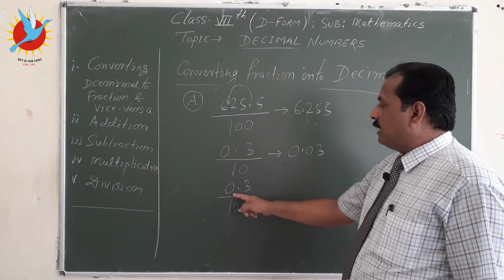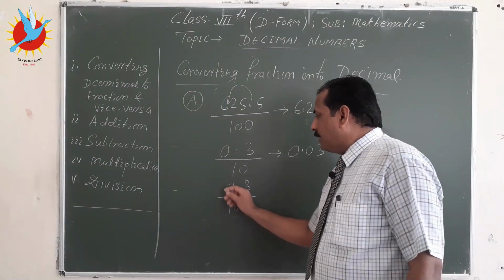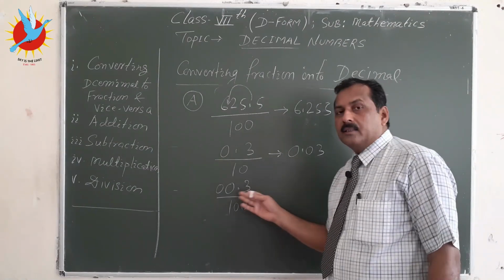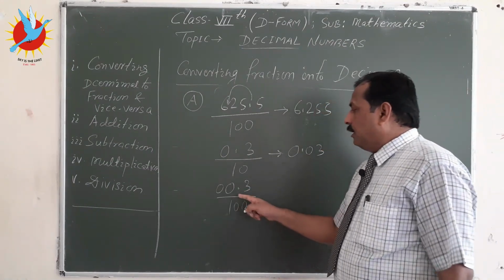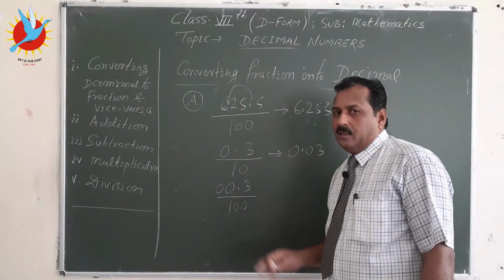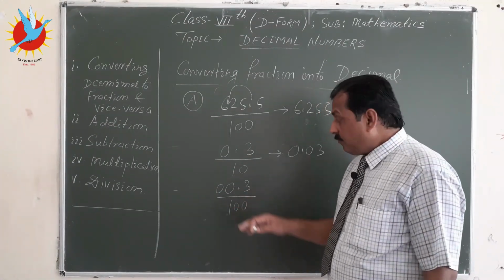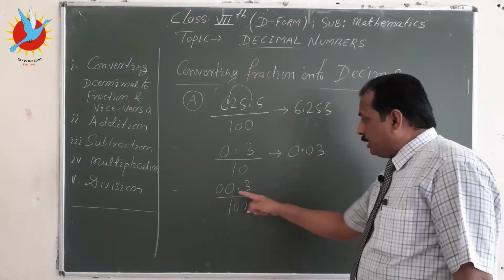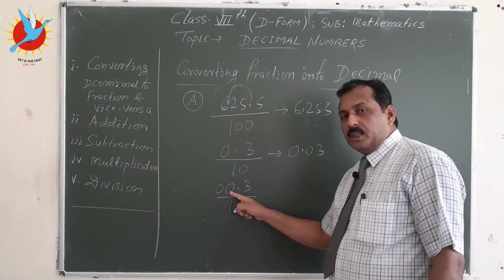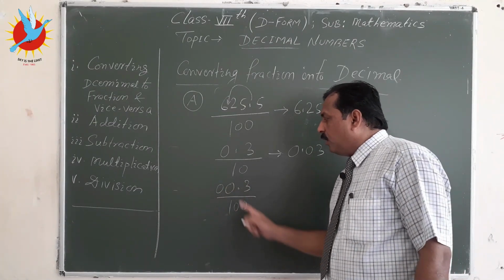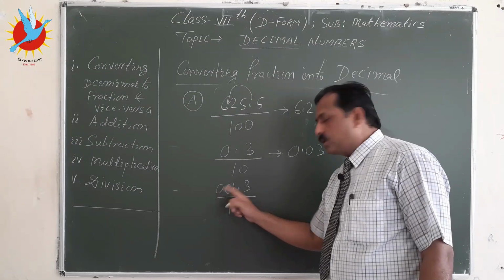Only 1 zero is there, so we can add one more 0 because the meaning doesn't change. 0.3 or 00.3, in both cases the number is the same, because in both cases the whole number part is 0, so we can add one more 0 here.